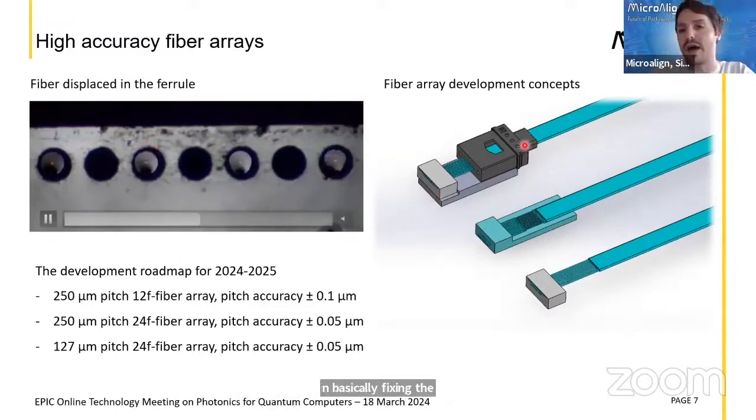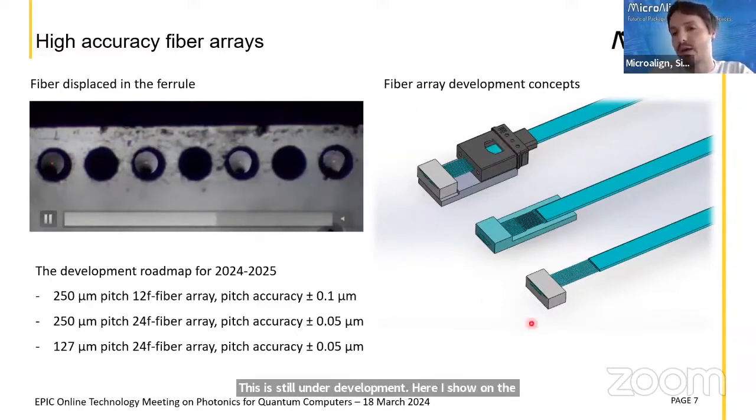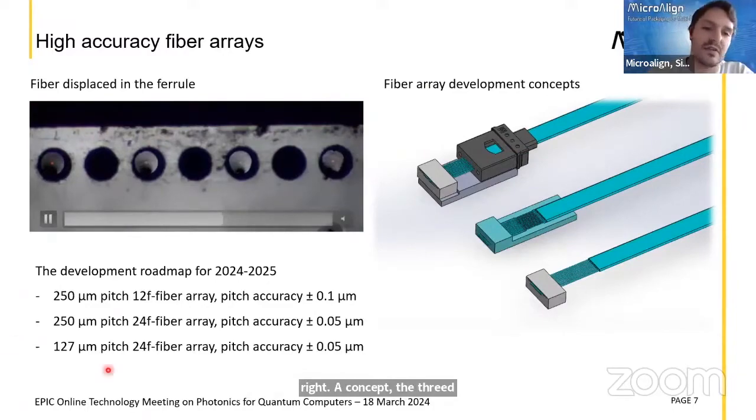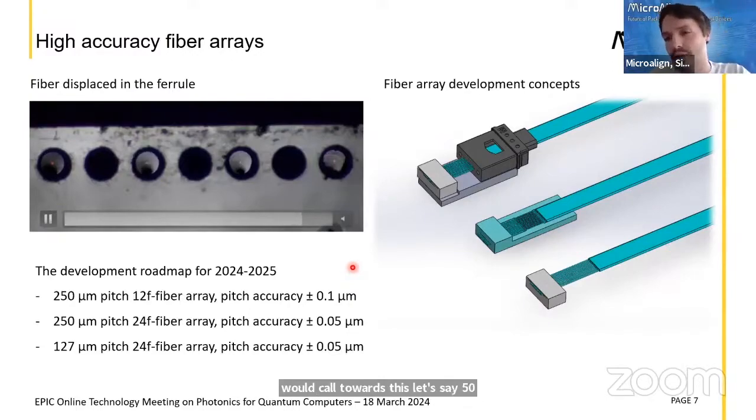Here I show on the right a concept 3D sketch of our fiber arrays and how the roadmap should be, and on the left what our steps to achieve these goals are. So our first goal is to realize the first 250 micrometers pitch fiber array by the end of summer, and then to scale it down with a core positioning accuracy of 0.1 micrometer, because this would go towards this 50 millidecibel that people talk a lot about in terms of misalignment loss.